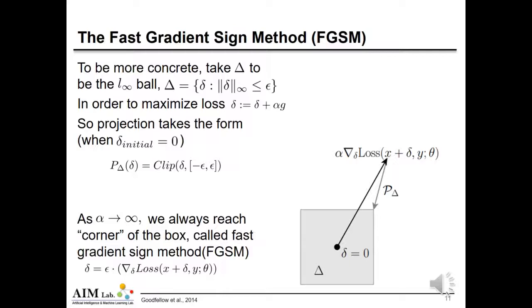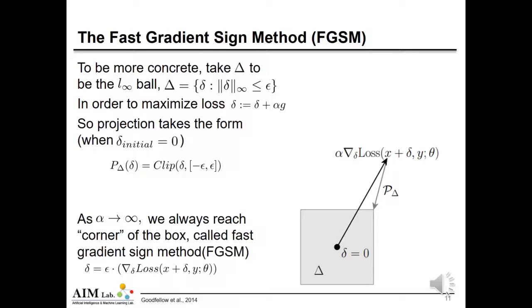The fast gradient sign method, FGSM, is a particular type of attack which uses projected gradient descent. Let the perturbation region delta be an infinity ball, where each norm is less than a small value epsilon. In this case, projection is actually very easy. For some given example x, we know that we are going to adjust delta in the direction of the gradient.